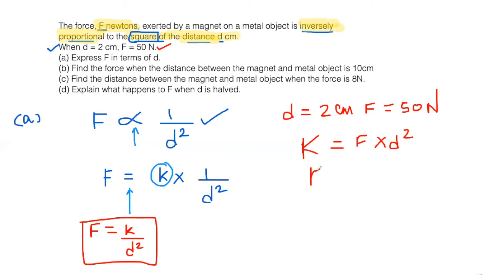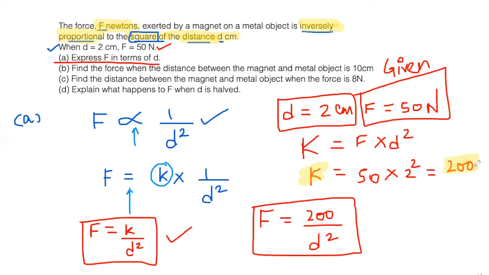So your k value will be F is 50 and d is 2, so 2 square. So this will be 200. k is going to be 200. The equation will be F is equal to 200 upon d square. This value of k, we plug it in this, and we will have our equation in terms of F and d.